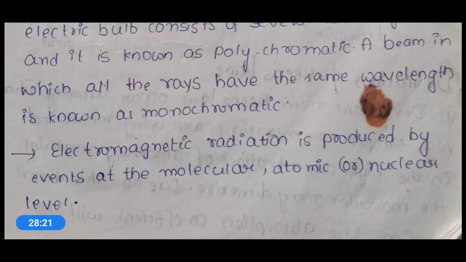In molecular reactions, atomic reactions between a few atoms, or nuclear reactions, electromagnetic radiation can be produced, and it helps us identify different kinds of molecular, atomic and nuclear level reactions. So this is how electromagnetic radiation is helpful.